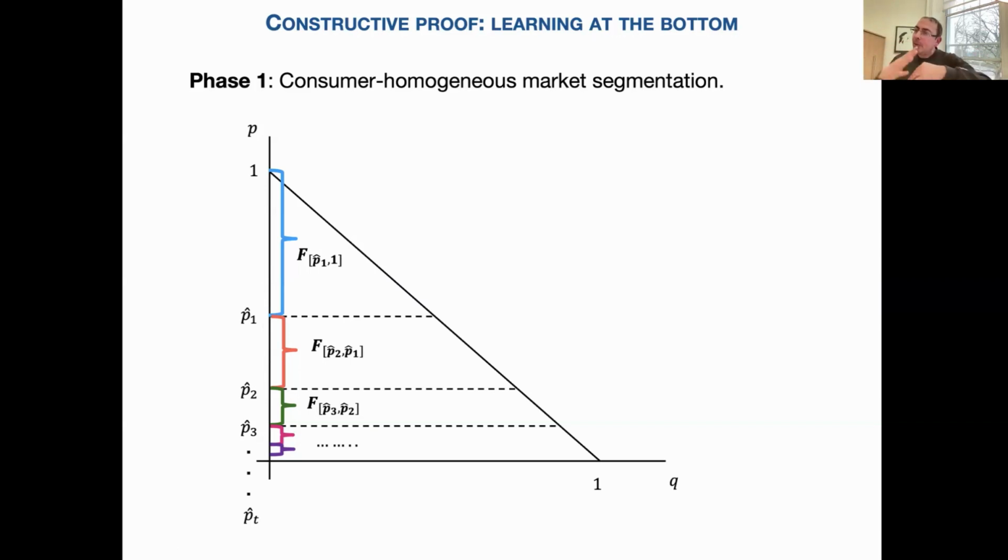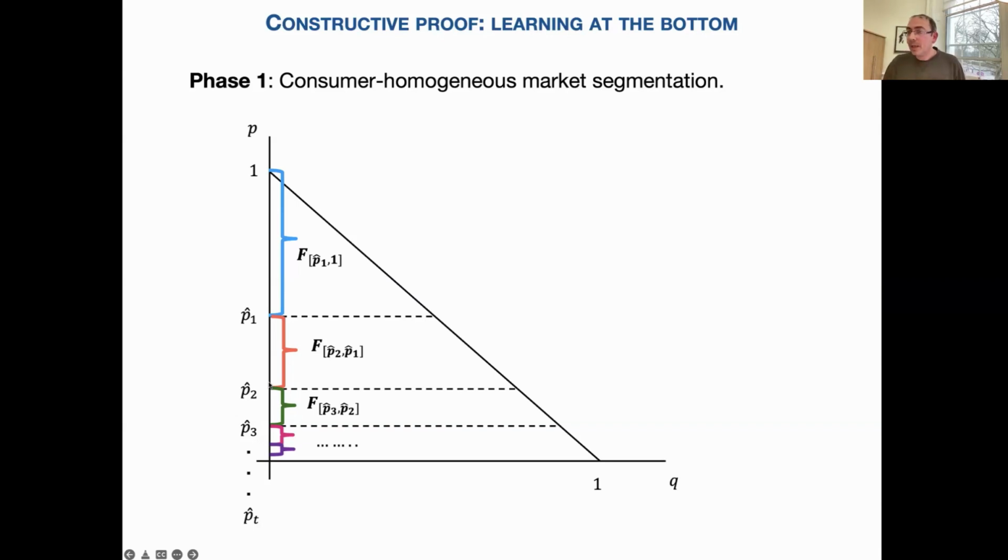And by mixing appropriately, I can induce any price between P at 2 and P at 1. Since I can create markets that are relatively small, I kind of do something like A/B experimentation. I create a lot of small markets with all these different compositions, and I create a lot of different prices that consumers of the same characteristic are exposed to. So at the end of that period, I will be able to learn exactly everything about their valuations.